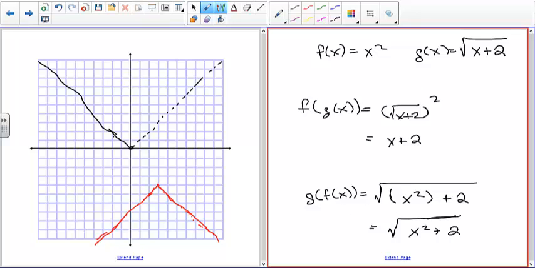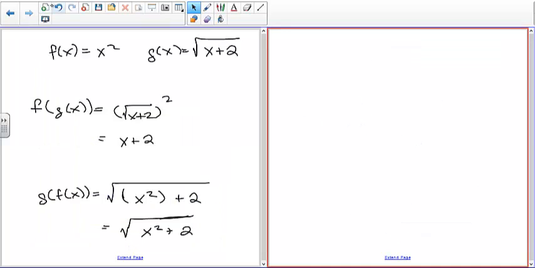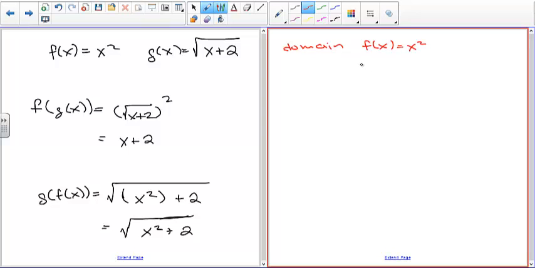Now the domains you've got to be a little careful about. So let's look at the domain of x squared. Again, the implied domain, which is what we're talking about here, is what values of x can I put in here and it'll give me a result.